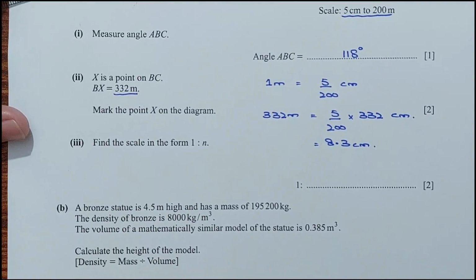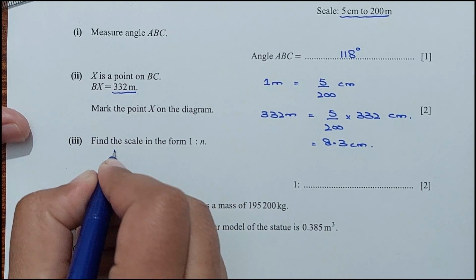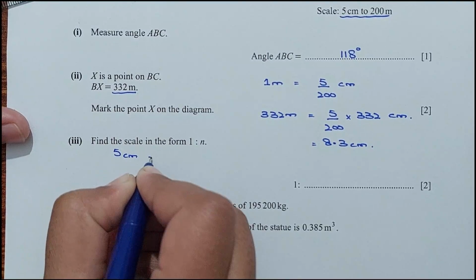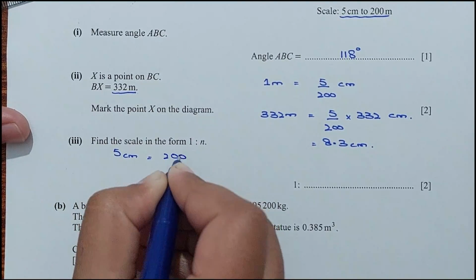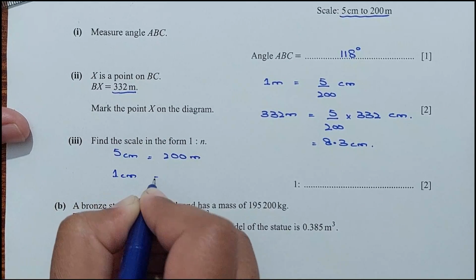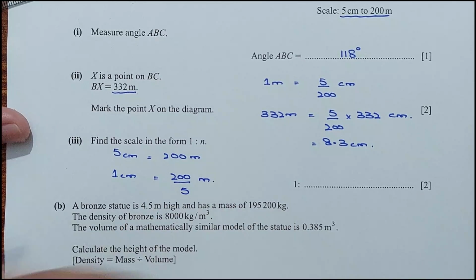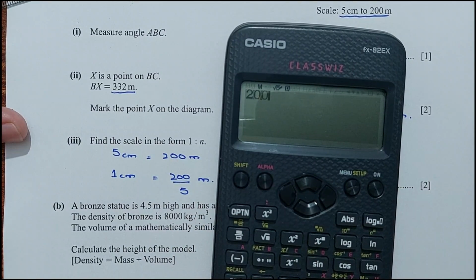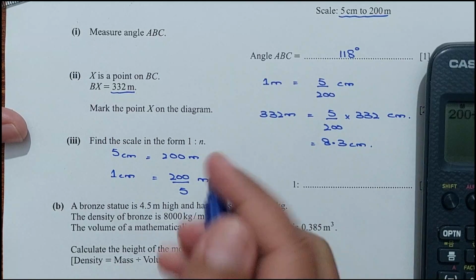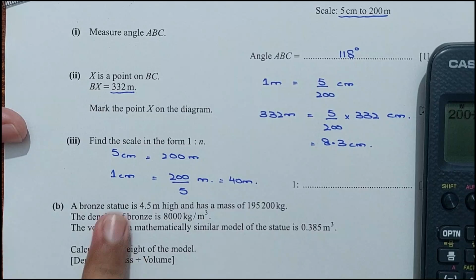Right. Now for the third part, find the scale in the form 1:n. So we have been given 5 centimeters represents 200 meters, right? So 1 centimeter is 200 over 5 meters, which is 200 divided by 5, so 40 meters. Now we have to convert meters into centimeters.